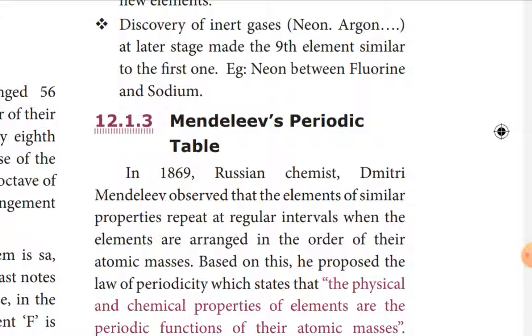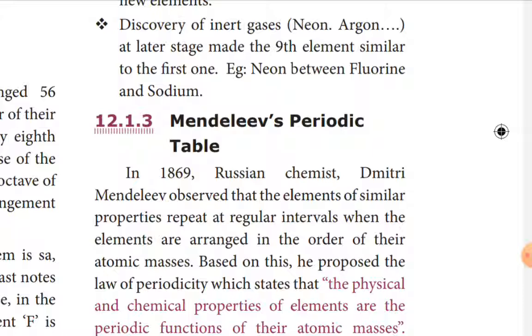So in 1869, Russian chemist Dmitri Mendeleev observed that elements with similar properties repeat at regular intervals when the elements are arranged in the order of their atomic masses. So simply, 3-4 lines you have to understand. What is the name of the scientist? That is Dmitri Mendeleev.